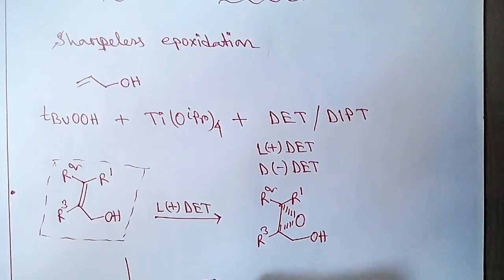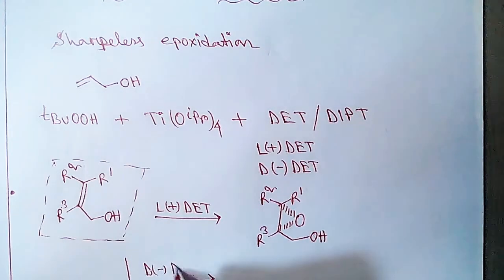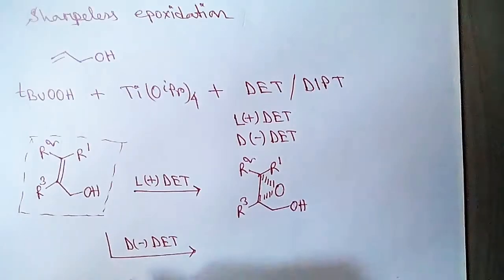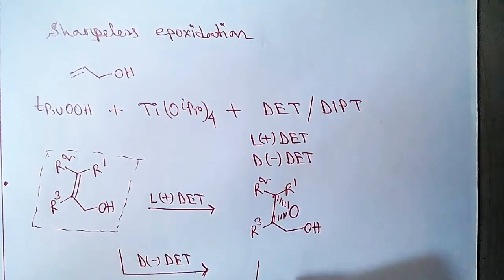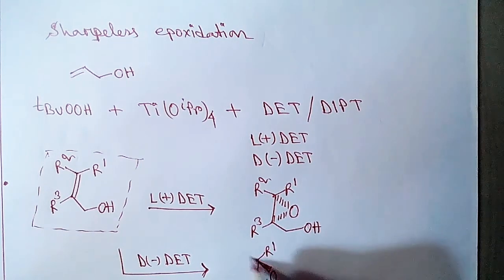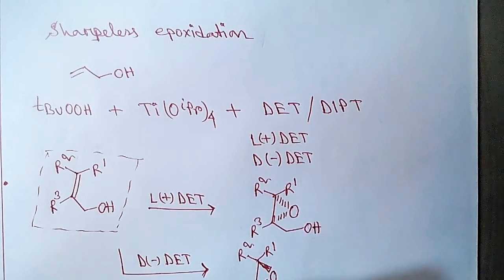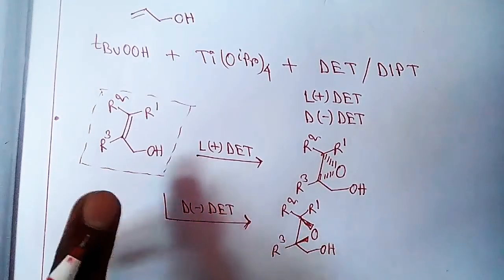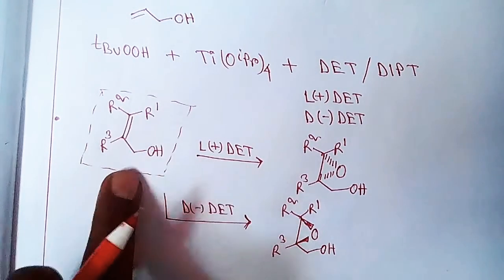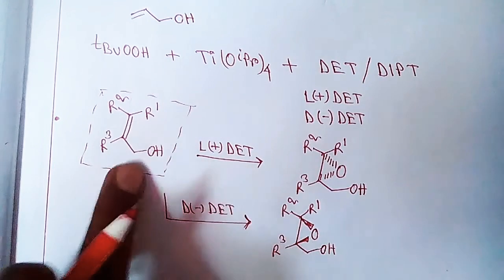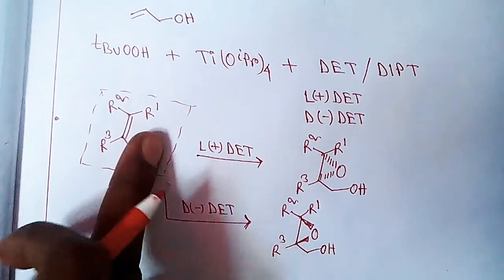When D minus DET is used, the epoxidation occurs from the upper side and the product becomes like this. So to predict the product, you always have to draw the allylic alcohol given in the question in this conformation, in this way, not in the opposite way.